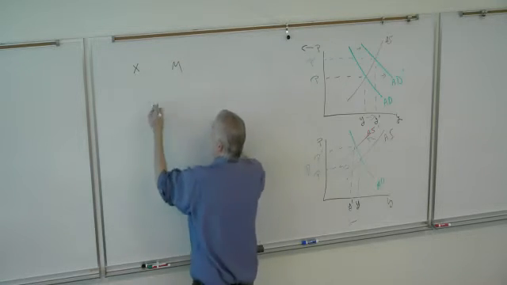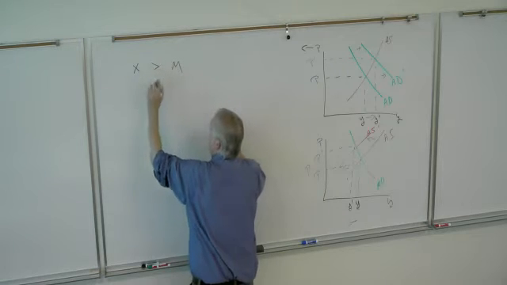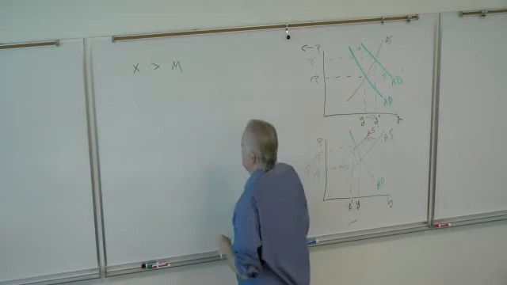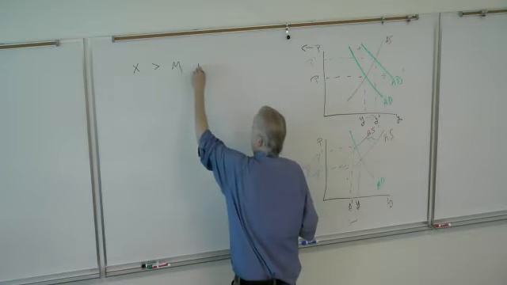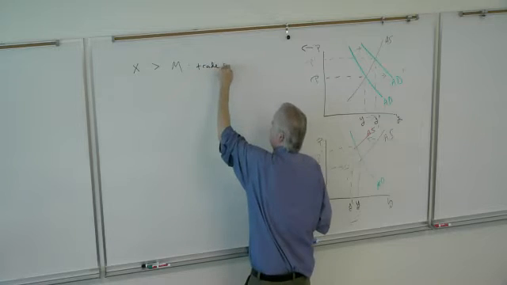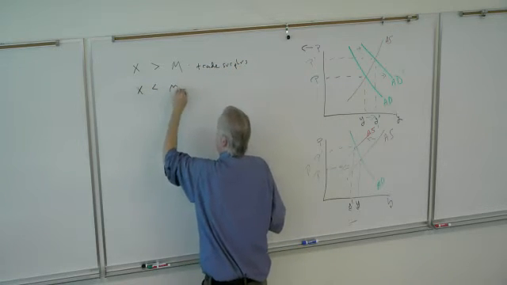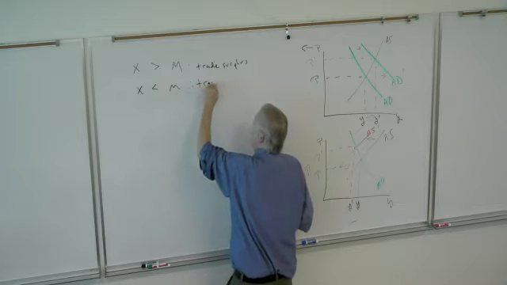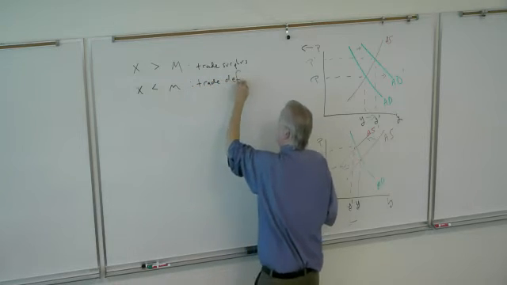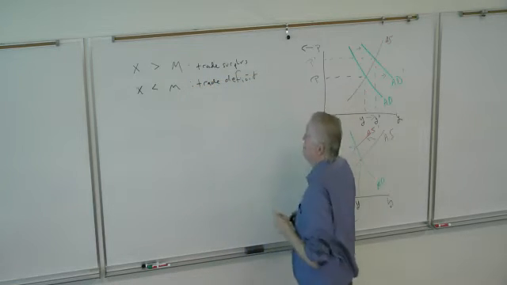And what is the difference between these two? If the exports out of a country exceed the imports into a country, then we say that this country has a trade surplus. And if it's the opposite condition, where exports are less than imports, we say that that nation has got a trade deficit.